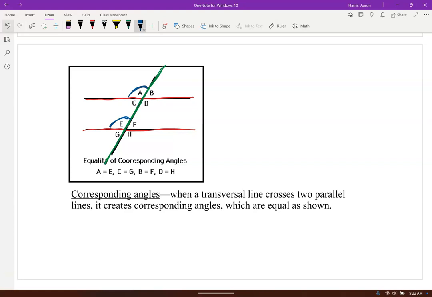Not only are A and E corresponding, but you also have B and F corresponding. Not only are those two corresponding, but D, bottom right, and H are corresponding. And finally, C, bottom left, and G would also be corresponding, or equivalent, angles.